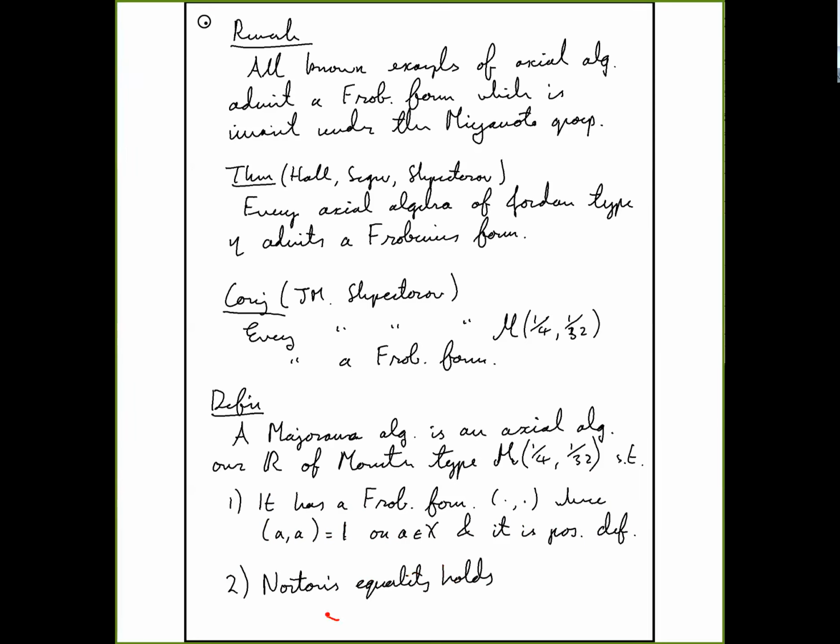And what does that say? Well, it says if you look at the values of x squared and y squared, that should always be greater than the value of xy with xy for all x and y in your algebra. Why do I say equality? This should be inequality. Why this inequality here? Well, this is something which you see hold in the Griess algebra.